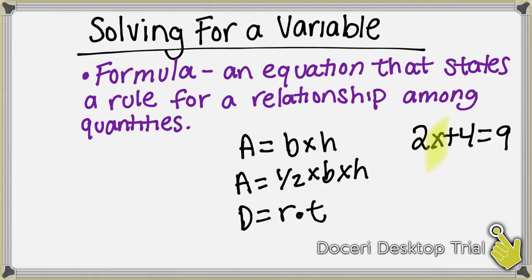There might be 2x on one side and 5x on the other side, but they're both just x. Now you can see that there's different variables. Like in this first formula, there's a b, and there's also an h, and there's also an a. So there's lots of different letters and variables, and we need to talk about how we could solve equations when there's more than one variable, which is what we're going to be doing today.